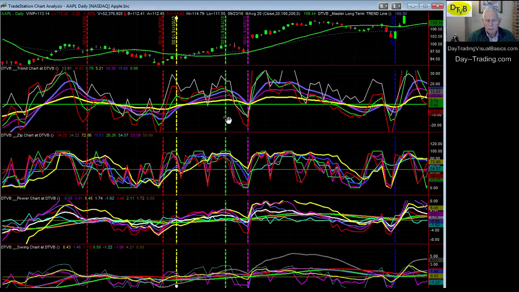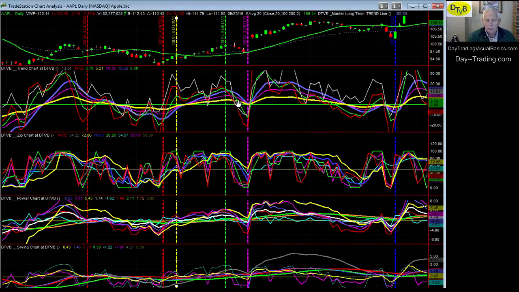Going over to the green line, we have the trend red crossing under the trend green and going down, and that tells us we're going into a downtrend. We also can see that we're in a TOC pattern for the second day on the trend gray, and we're in a pink green top pattern on the zip chart.